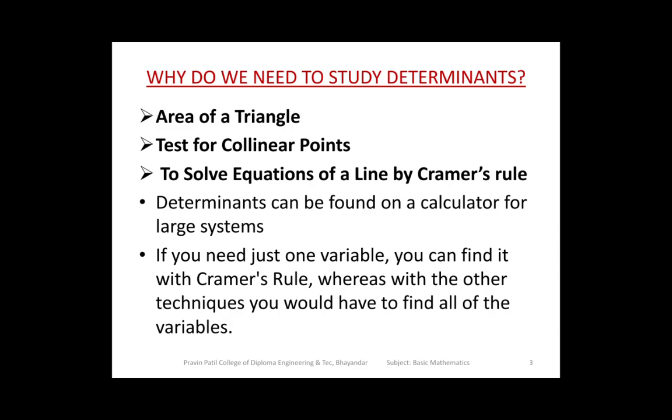Very easily you can calculate the determinant value, and for that we are learning determinants. Then, if you need just one variable, you can find it with Cramer's rule, whereas with the other techniques, you would have to find all the variables.